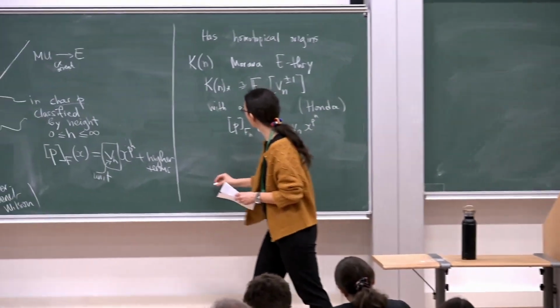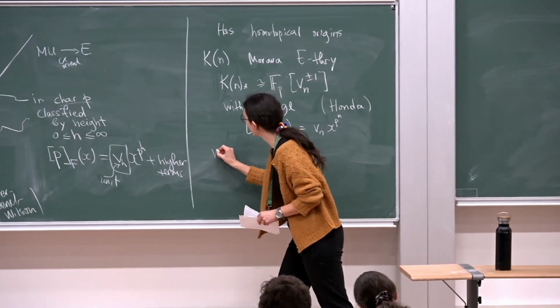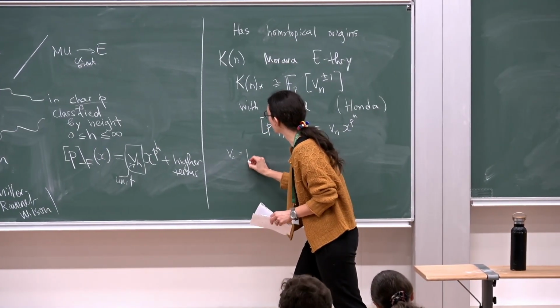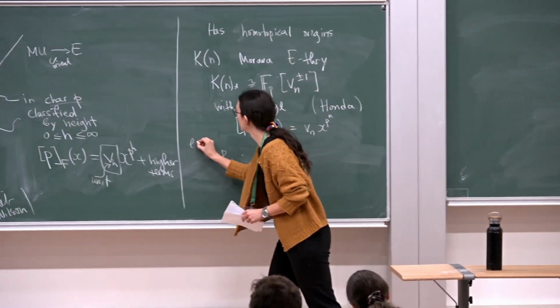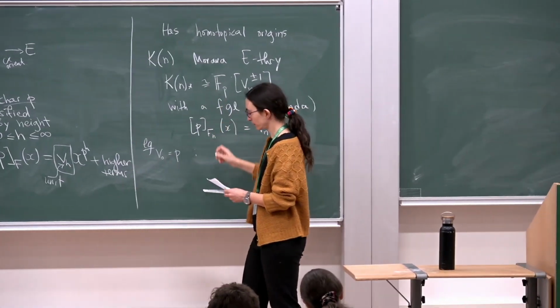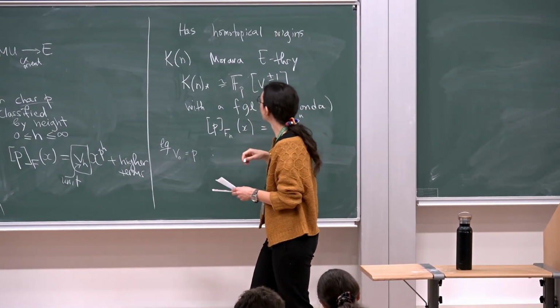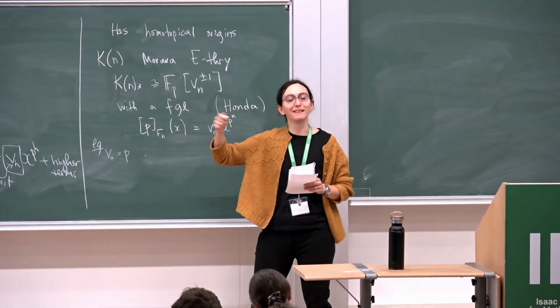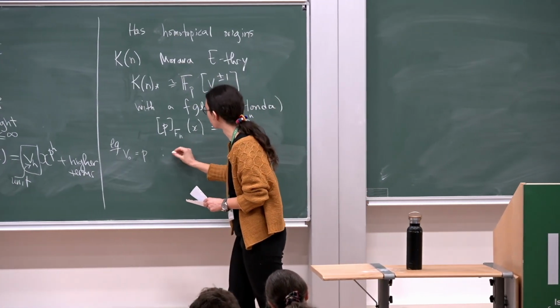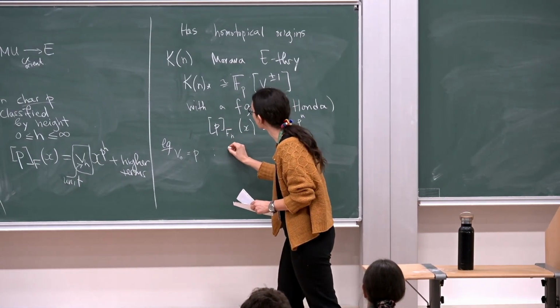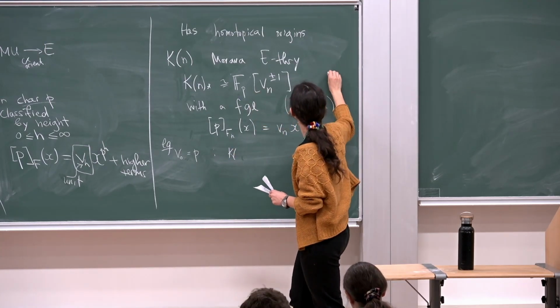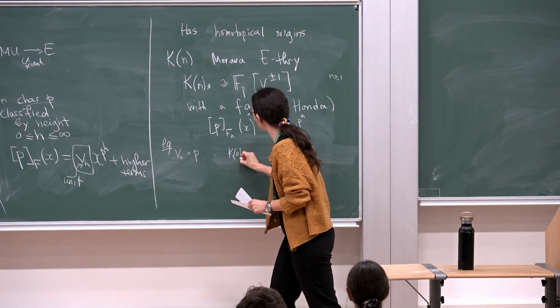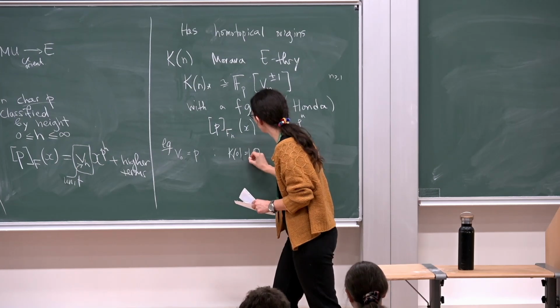what are some examples? Well, V0, we're thinking of V0 as p. So in K0 we sort of have F_p and then adjoin p and invert it. So really that's maybe a convention, right? K0, we just think of that as HQ.